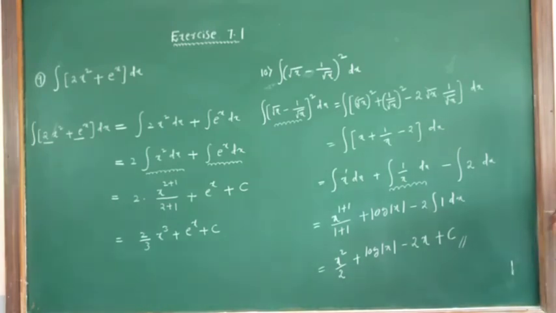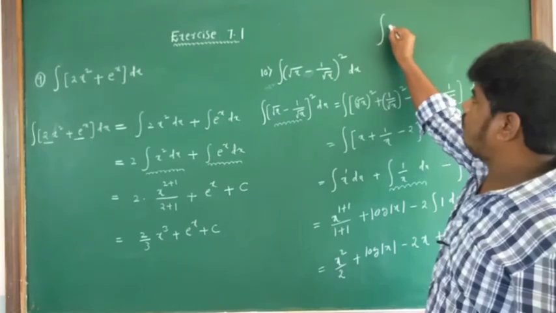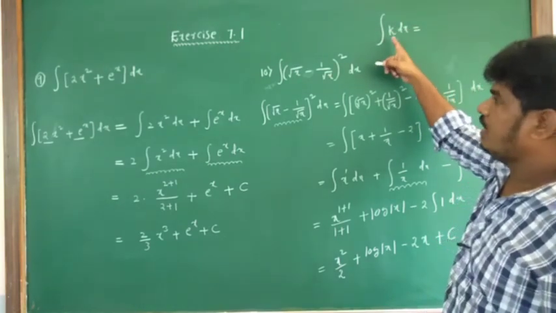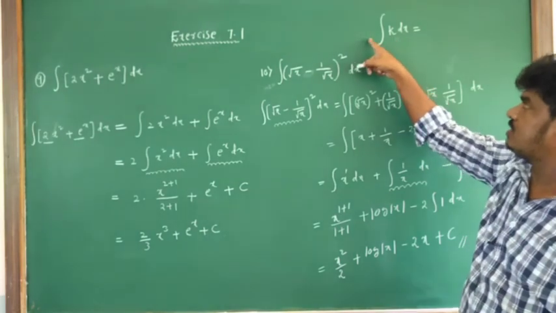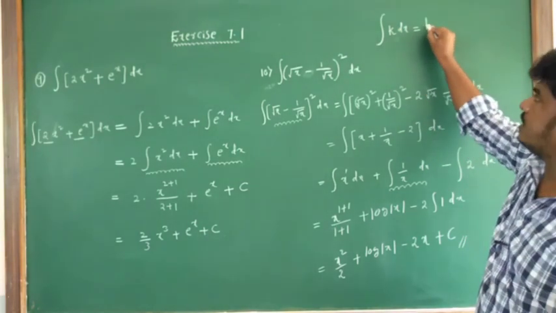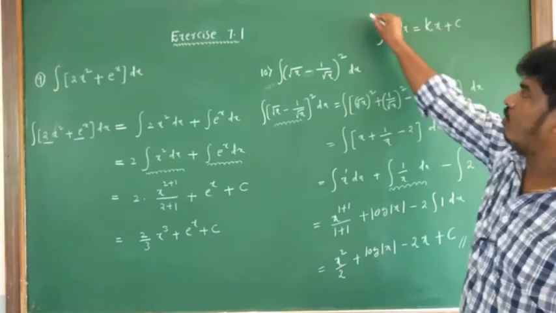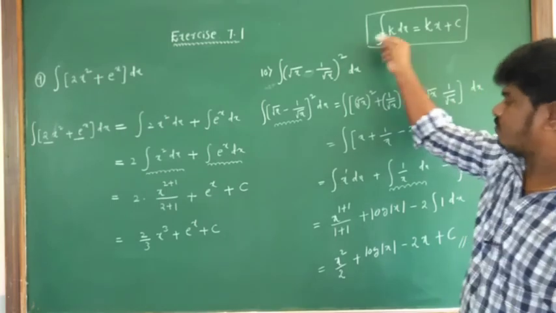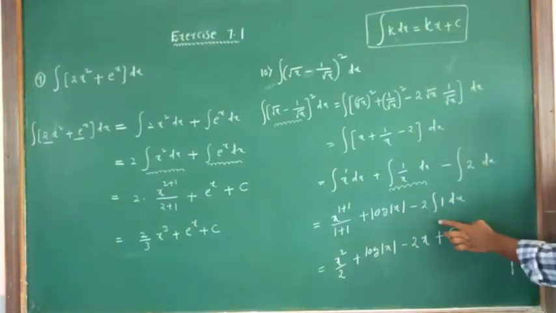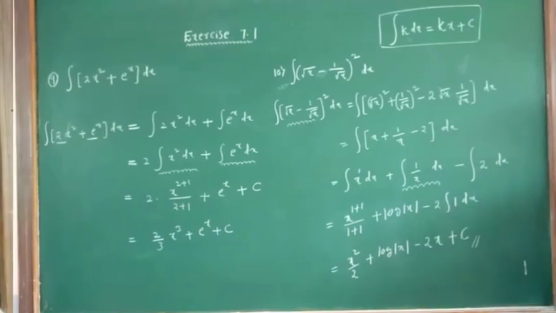Here you can remember that the integral of k dx, if you take this k outside, we have the integral of 1, which is x, so directly you can write the integral of k dx as kx plus c. You can use this formula directly here. Otherwise take the 2 outside, you have the integral of 1 dx, that is minus 2x plus c.